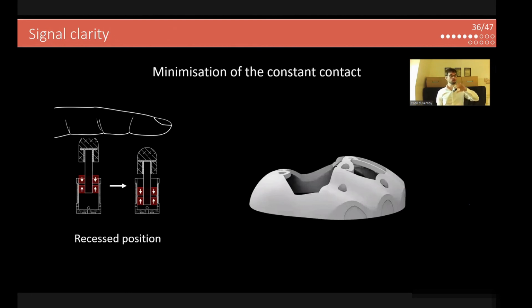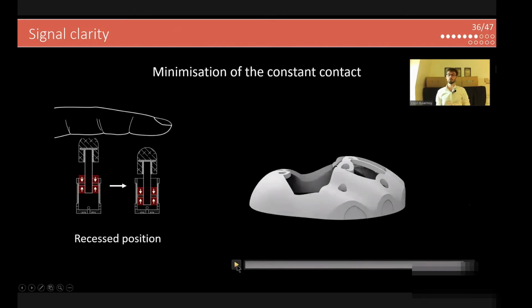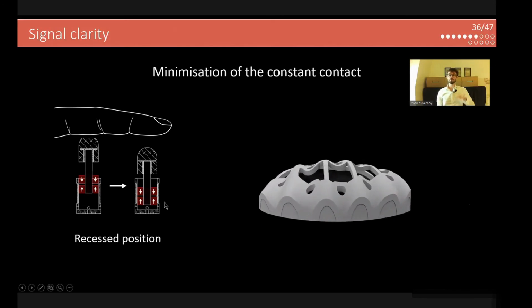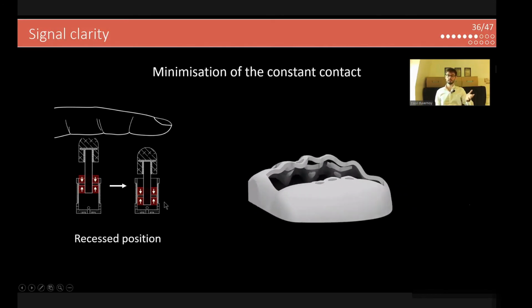So we still have in mind to create a device that sends a clear signal. And to do that, as I said during the third part, we created an actuator that has a recessed position. So when we don't need it, it's not creating a constant contact with the skin. In the same way, we developed a hand support that has a minimum contact with the skin.